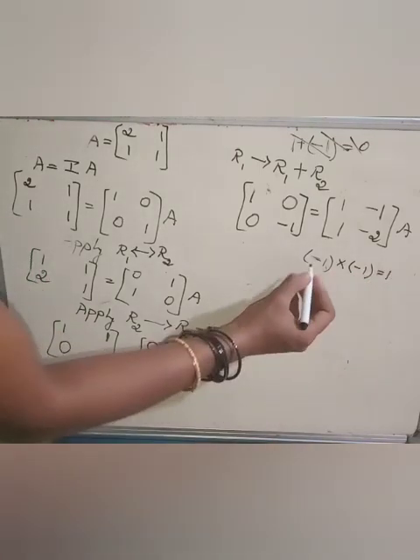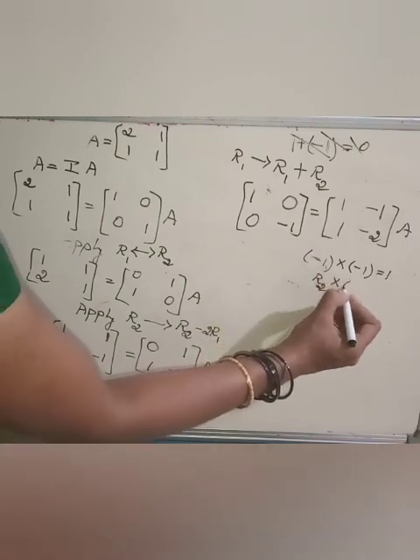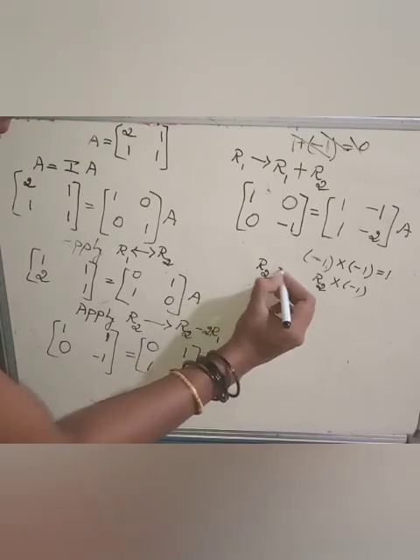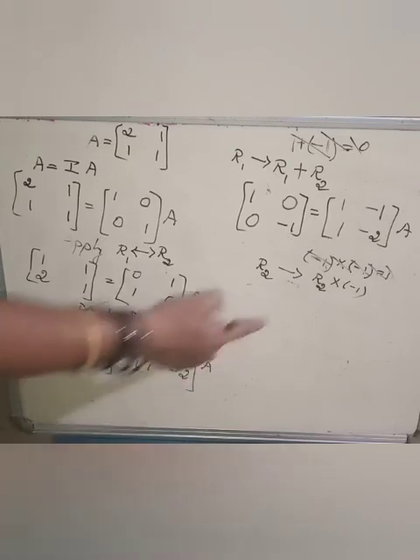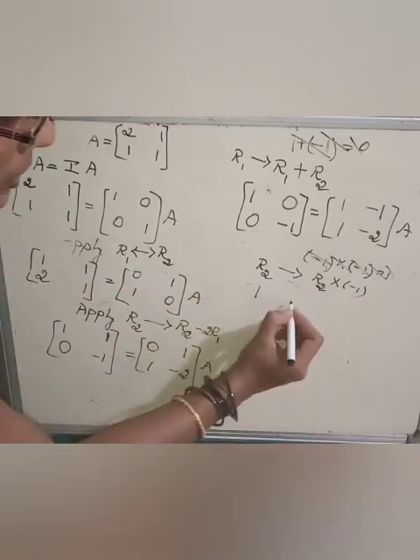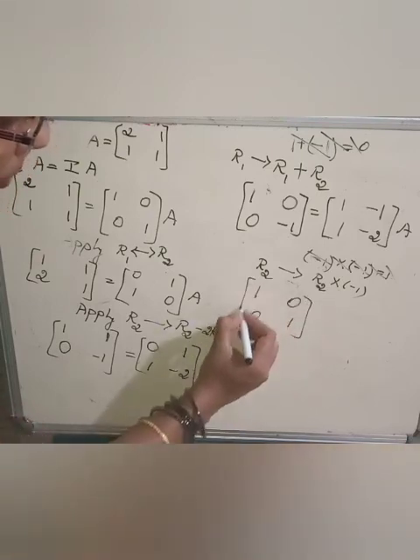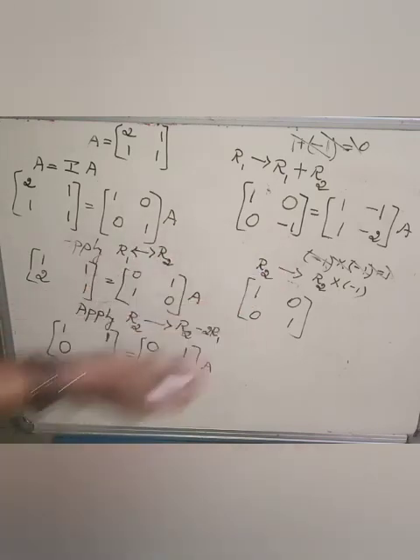Minus 1 that lies in R2, multiply by minus 1. Therefore, changes in R2: multiply the second row by minus 1. So the first row as it is, 0 and 1, and the second row multiplied by minus 1: 0 into minus 1 is 0, minus 1 into minus 1 is plus 1.